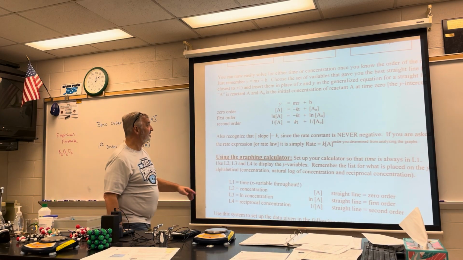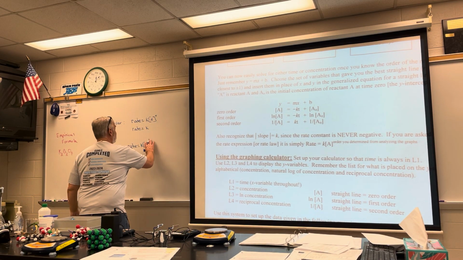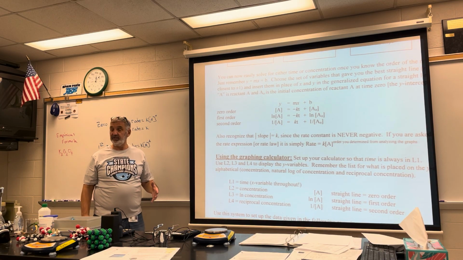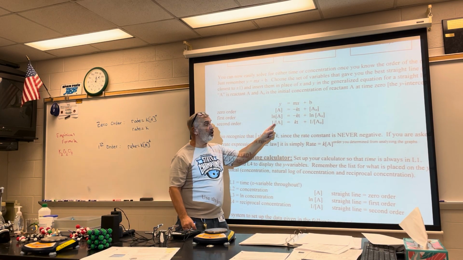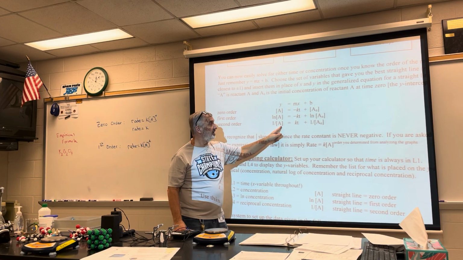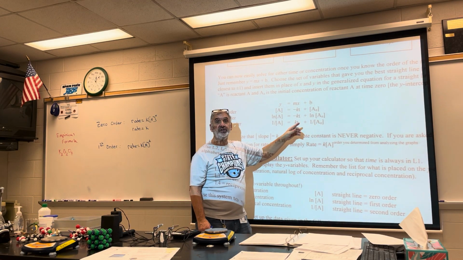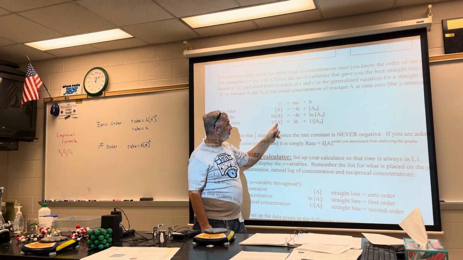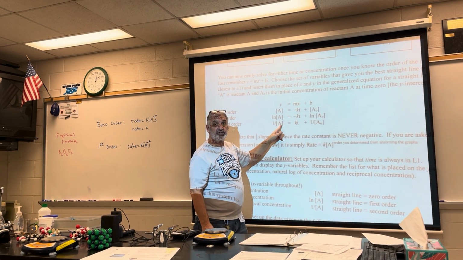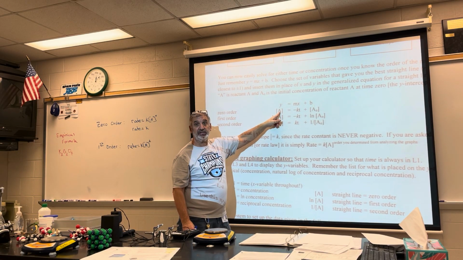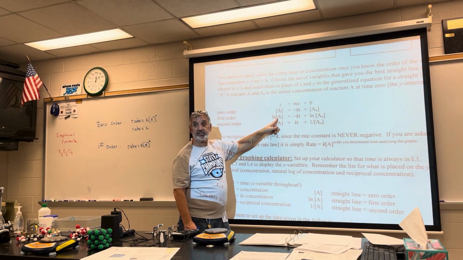And then lastly, if it's second order, and I take the integral of it, it turns out to equal 1 over the concentration of A is equal to, Y equals mx plus B. So your Y is equal to 1 over the concentration. The Y-axis is always going to be, if it's zero order, just concentration. If it's first order, it's natural log.